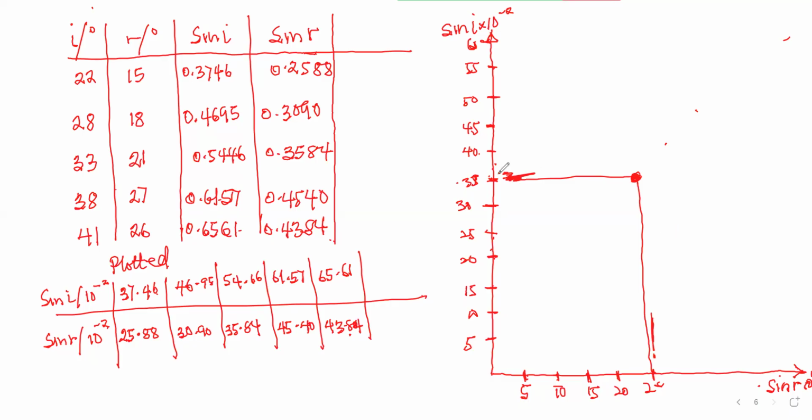So if I pick any 2, 36 will be 2 of the smaller boxes. 37 will be 2 of the smaller boxes. Then I come to 0.46. Here it is difficult to plot the decimal point. The best I can do is to run this to 37.5 and choose half of that smaller division box.